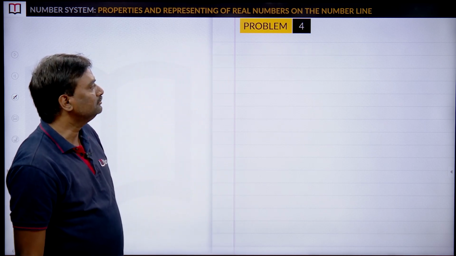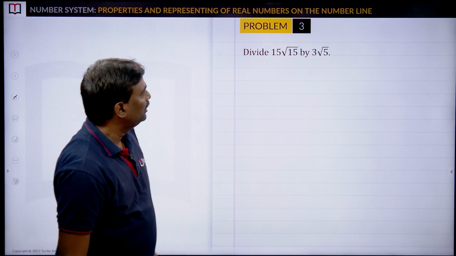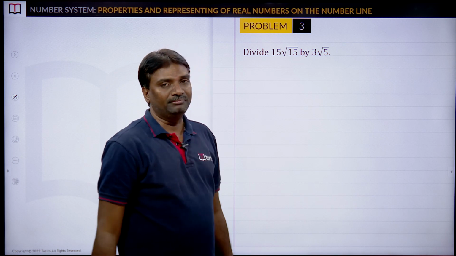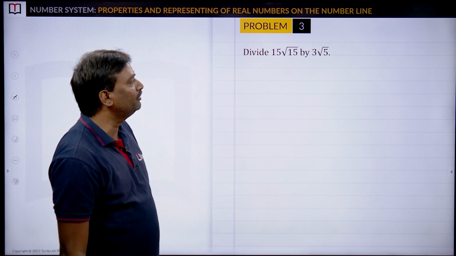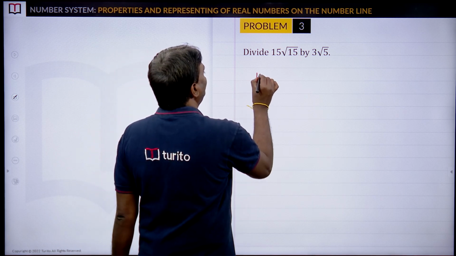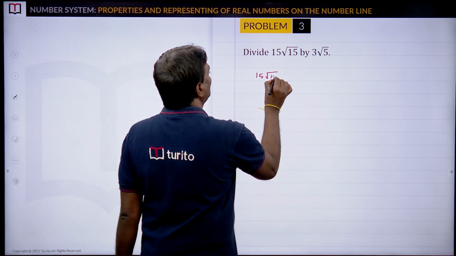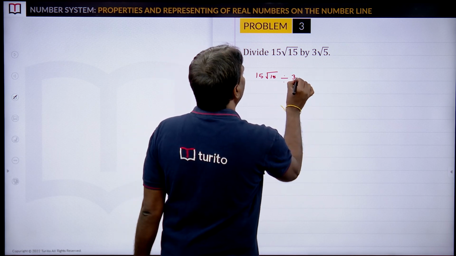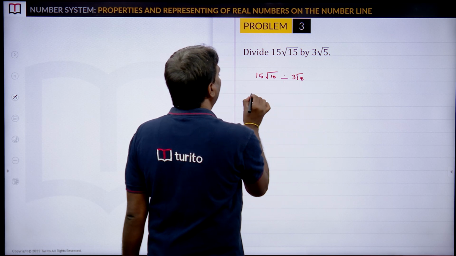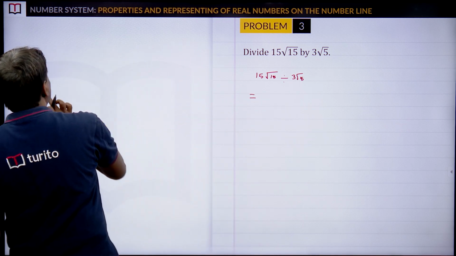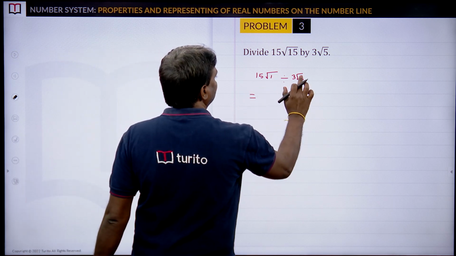Next, divide 15 root 15 by 3 root 5. Divide 15 root 15 by 3 root 5 means 15 root 15 divided by 3 into root 5.